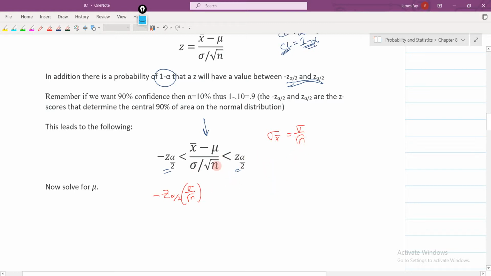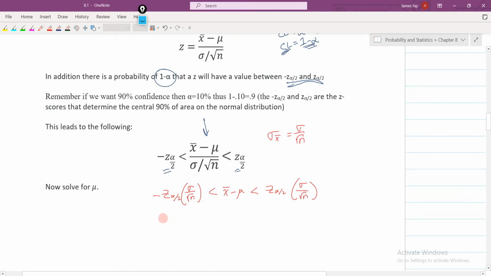So we'll multiply the middle part by sigma over square root of n, which gives me x bar minus mu. Then multiply the right hand side: z sub alpha over 2 times sigma divided by radical n. Now, like I said, I'm going to solve for mu. So I'm going to subtract x bar from all parts.